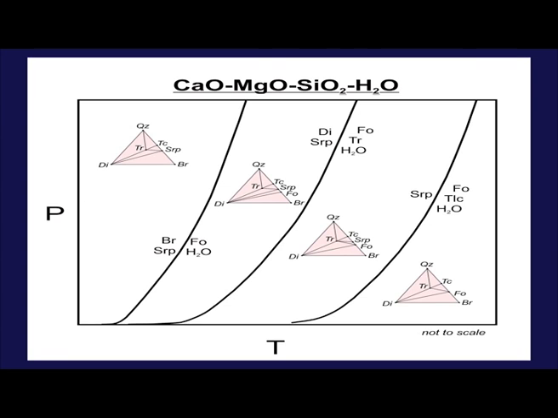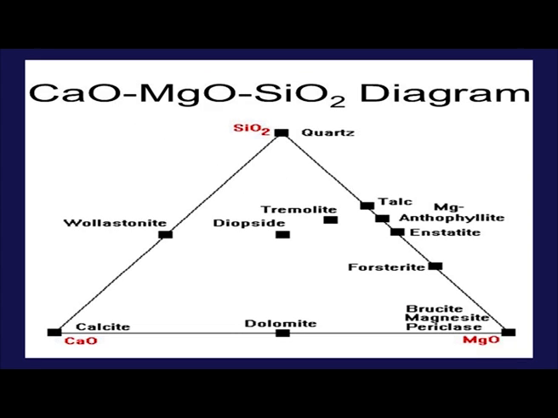The ternary system CaO, MgO, SiO2, the CMS system, is almost truly ternary in natural metamorphosed siliceous dolomites with CO2 and ultramafic rocks. The diagram is straightforward.